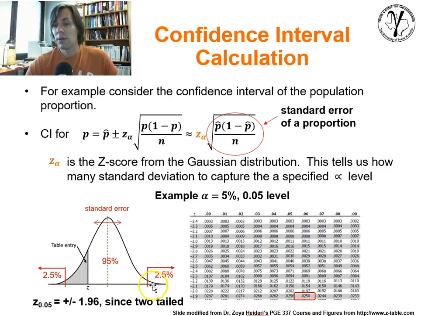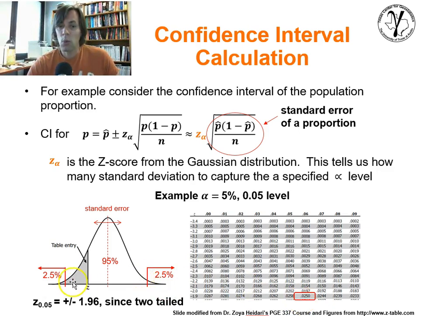Now on the other end, we'll also have the 2.5%, but now this is going to be the P97.5, or the 97.5 percentile. So now what we do is we just look up this value from this table, and this table is just a convenient way to look up these specific values, these z-scores for specific levels.